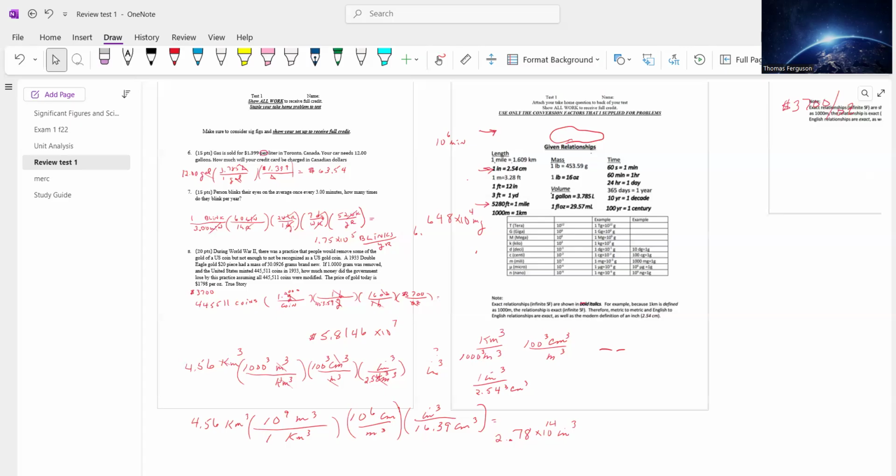Does anyone have an accommodation for extra time? Okay, so I give everyone 2 hours, and you can take longer than that for your accommodation. Do you need anything else? It's just extra time.